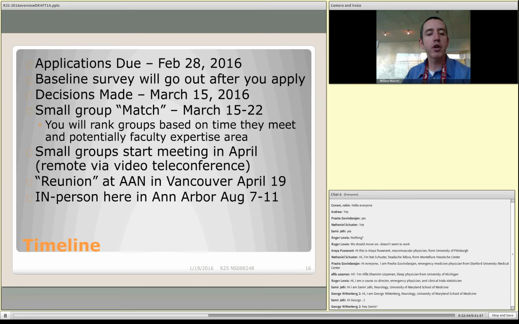So basically, we are going to get the groups set up. We're going to block out time on the calendars of our faculty, and it may be that the Will Meurer Chris Coffey group is going to meet on the 2nd and 4th Tuesdays at 4 p.m. So you'll see that. It'll be in some sort of survey form. You'll say, okay, that's my first choice, and then this is my second choice, and this is my third choice.